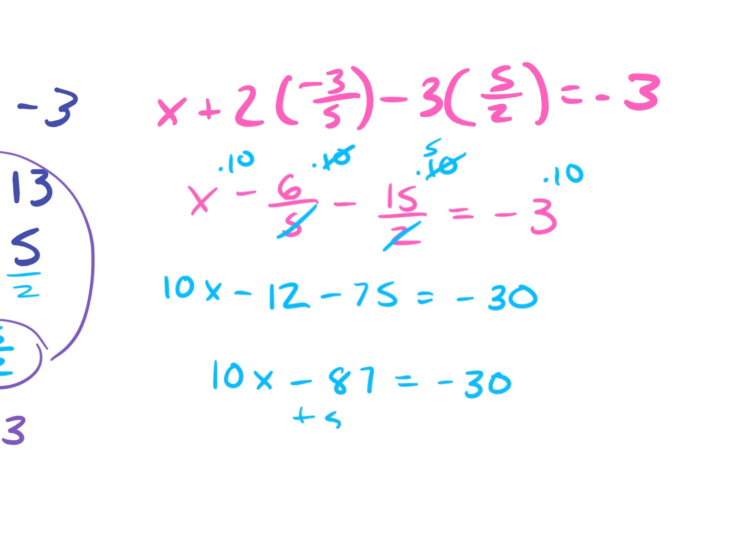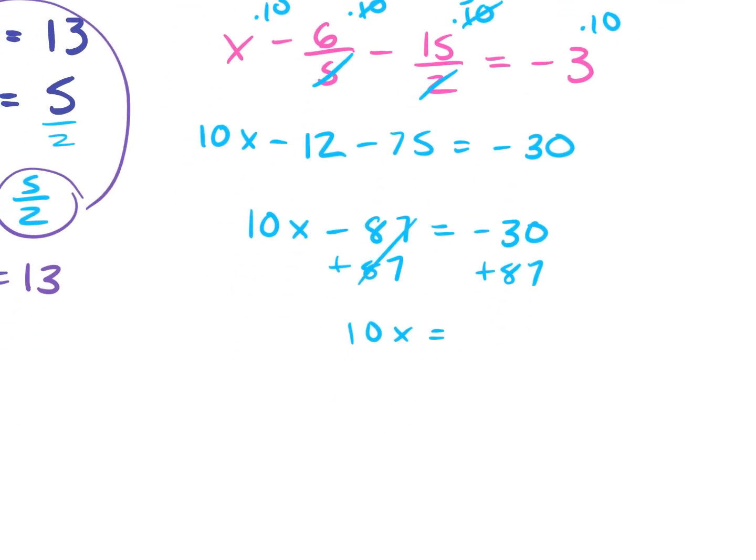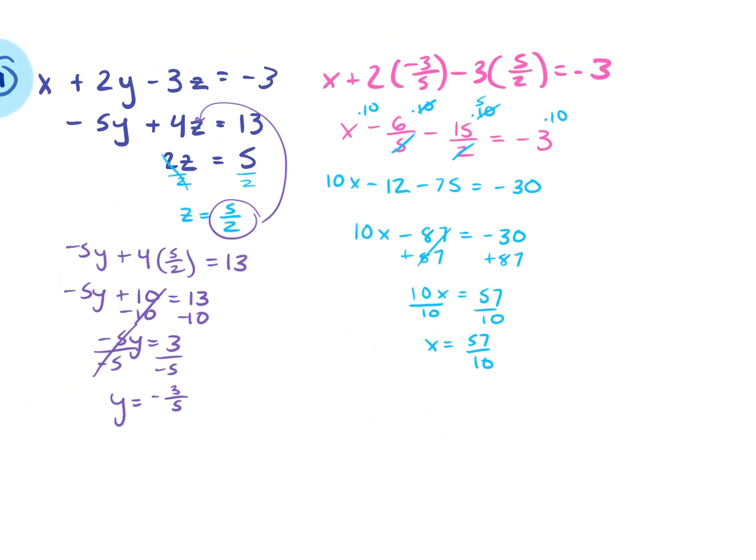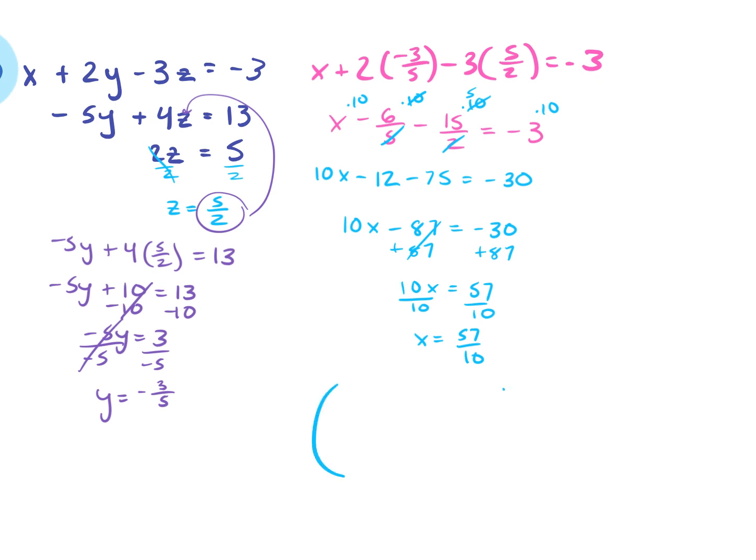I'm going to add 87 to move it to the other side. So 10x is equal to 57. Divide both sides by 10. So x is equal to 57 over 10. So now let's write our answer: 57 over 10, comma, negative 3 over 5, and 5 over 2.